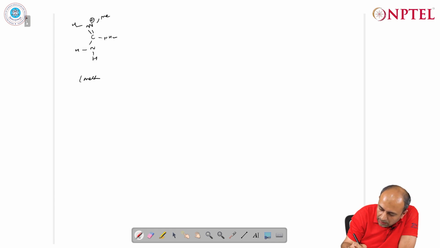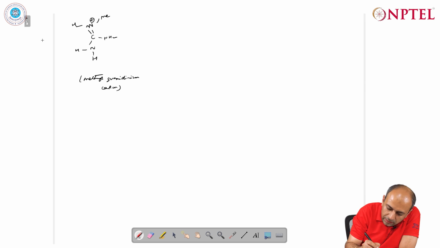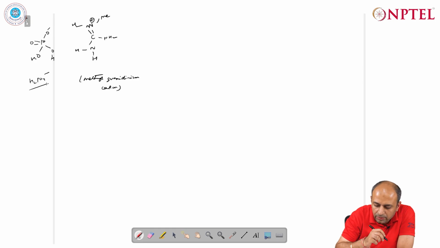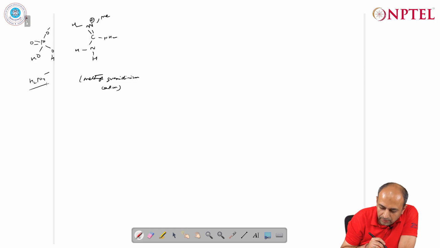This is the methyl guanidinium cation, and it is stabilized by H2PO4 minus. Okay, this is my phosphate ion.